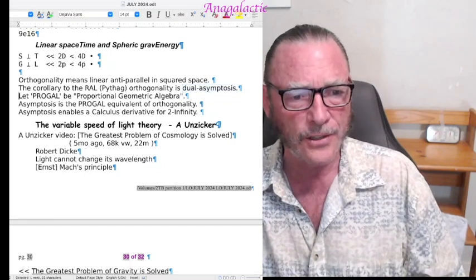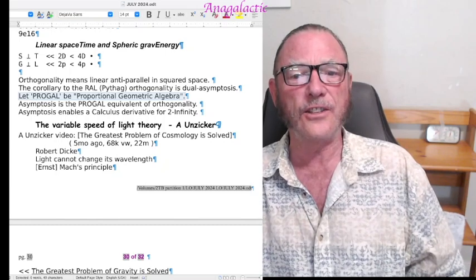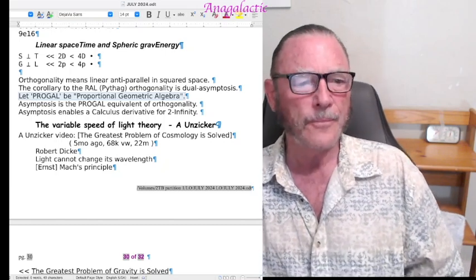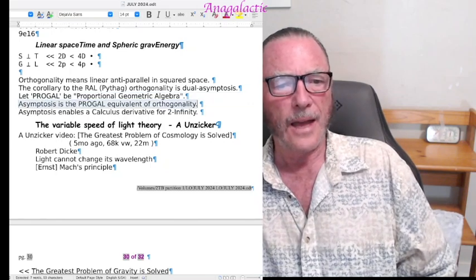Dual asymptosis, and you're going to learn that, or you're going to wear a dunce cap. So that's what we're going to be studying.